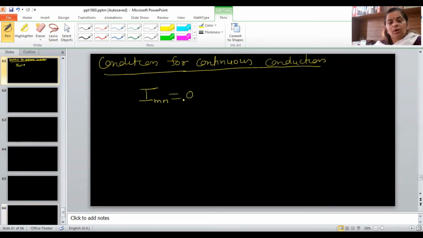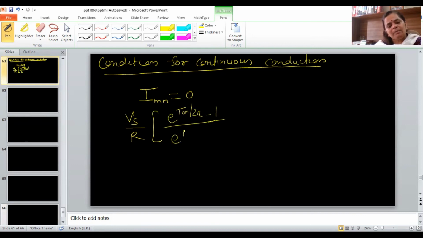That means it will not be in continuous conduction. So put the I minimum value equal to 0. What is the I minimum value? Vs by R, (e to the power TON by TOA minus 1) divided by (e to the power T by TOA minus 1), minus E by R, that should be equal to 0.